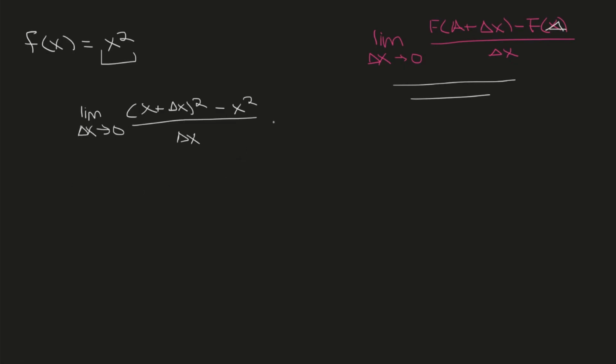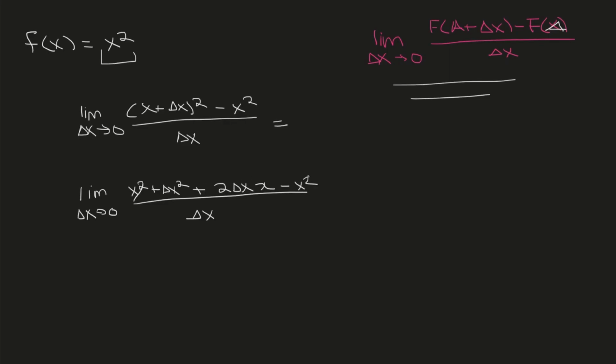So that would give us the limit as delta x approaches 0 of x squared plus delta x squared plus 2x delta x minus x squared all over delta x.